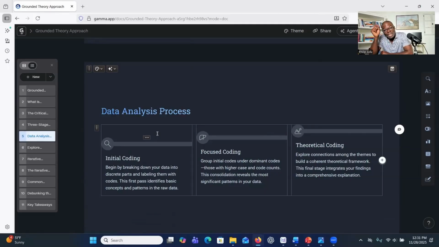Sometimes it's a little bit subjective, because I may see this code as dominant, but another person may not. This is where you can involve other researchers or a second person to help you decide which of the codes are dominant.